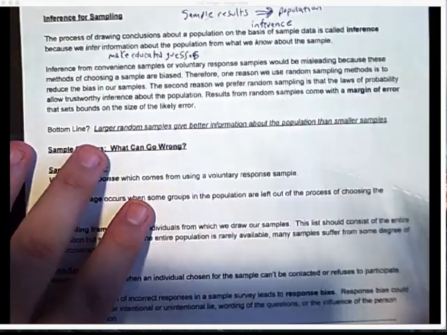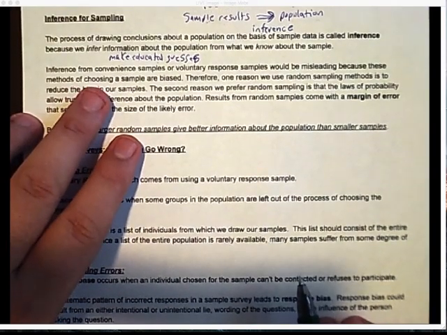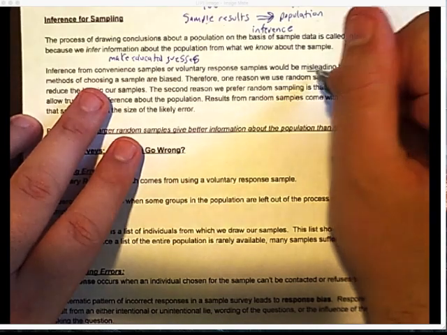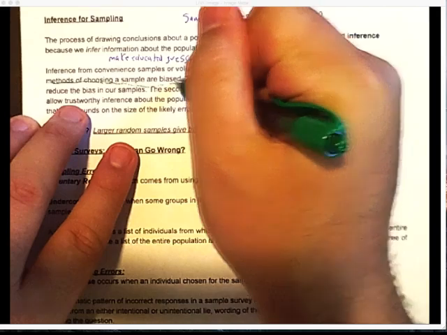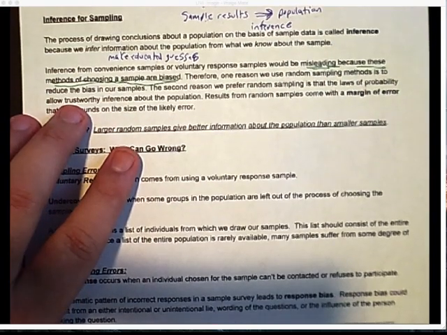All right. Now, why are convenient samples or voluntary response samples so bad? Because the results are misleading, because these methods of choosing a sample are biased. They don't have randomness in them.